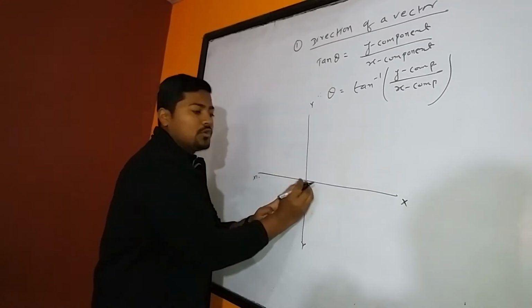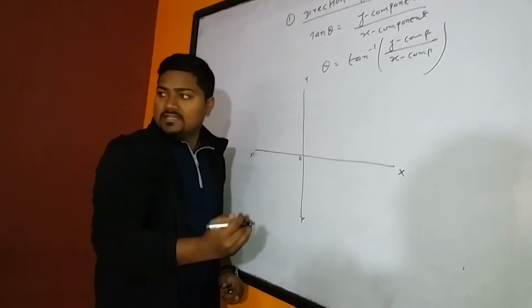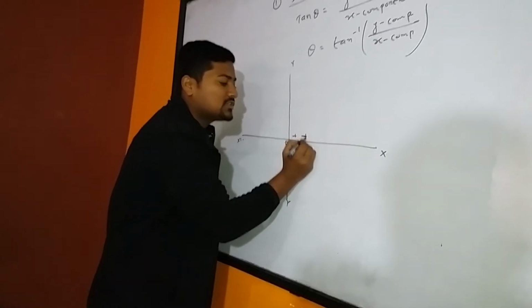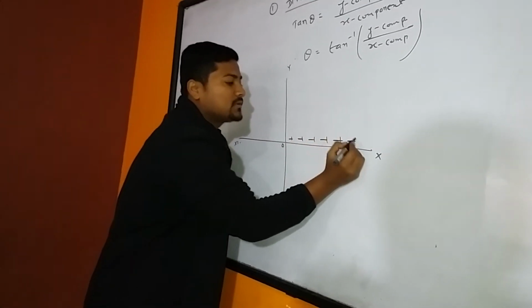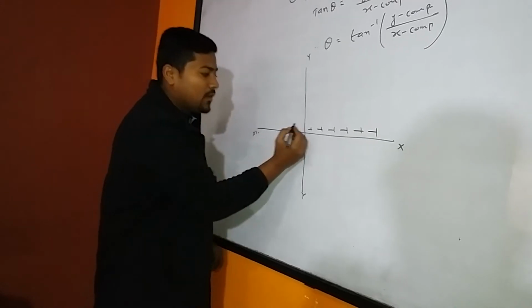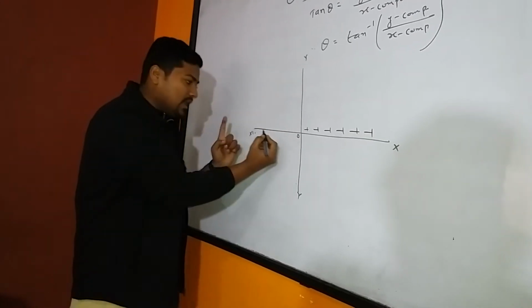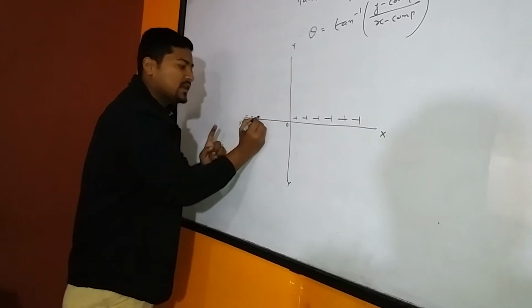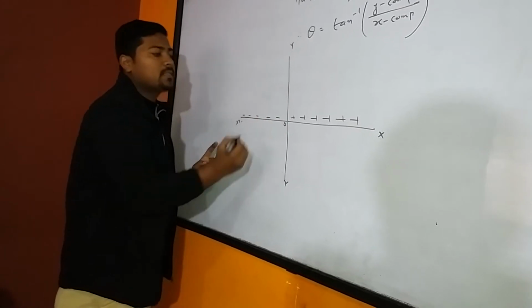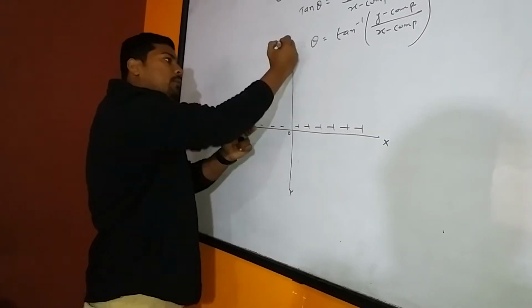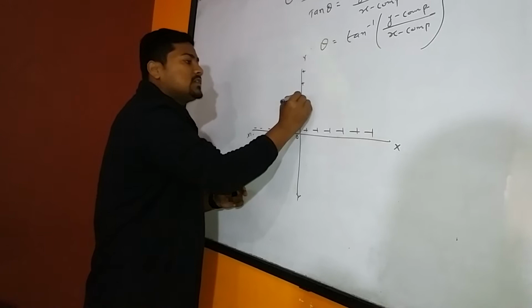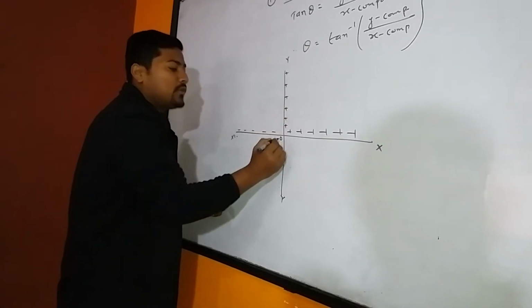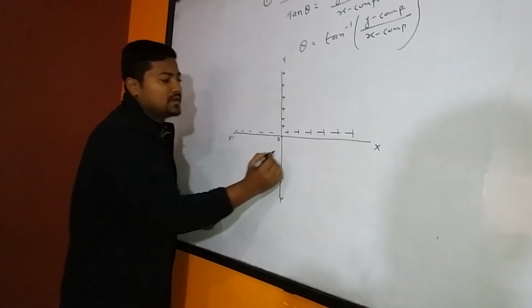From origin to the right hand side, everything is positive. From origin to the left hand side, negative. From origin upward, positive. From origin downward, negative.